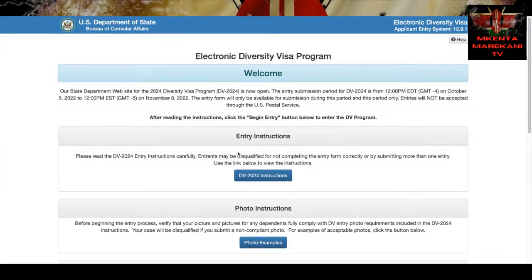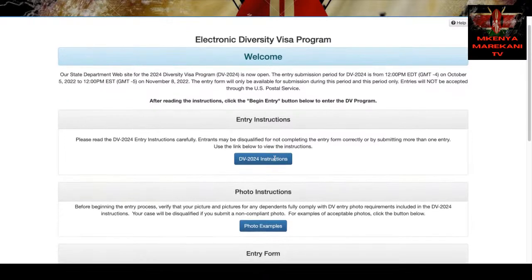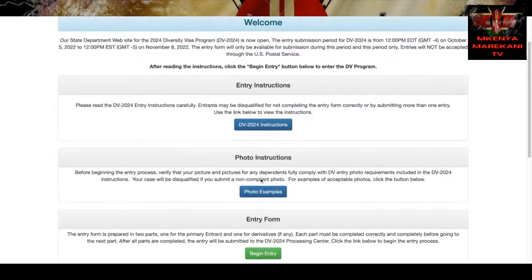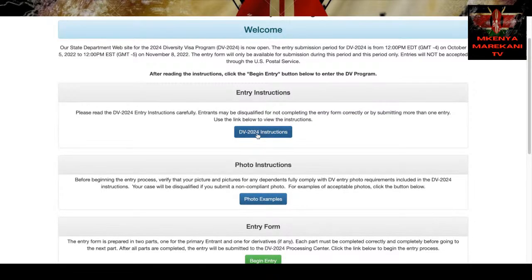So once you arrive on this first page of the Electronic Diversity Visa program, tomorrow we're going to talk about the photo examples, okay, and also the instructions that surround the photo example, okay. So let's go into the instructions.